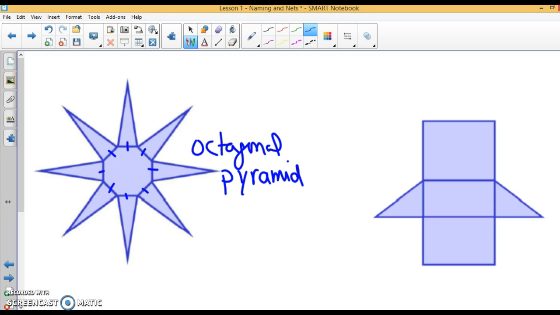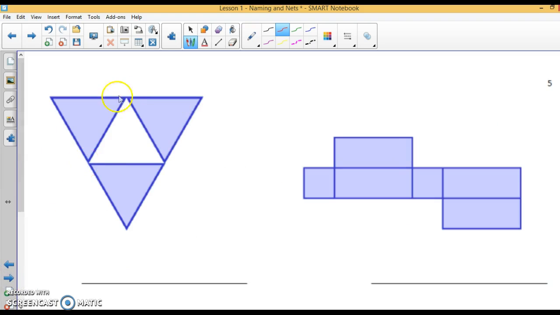All right, this one has two bases. This is a triangular prism because it's got two bases. Here we go, here's our base.